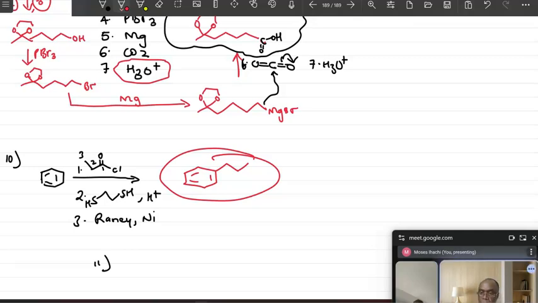Please do. And then I'm going to give you this molecule. This one.